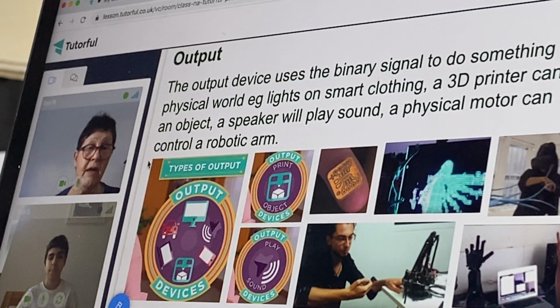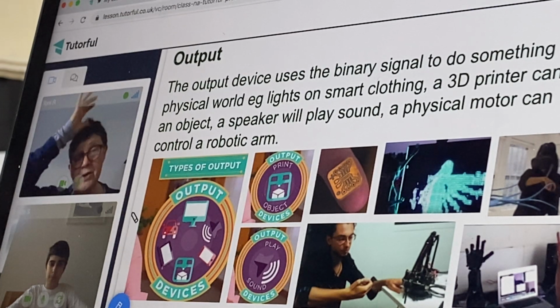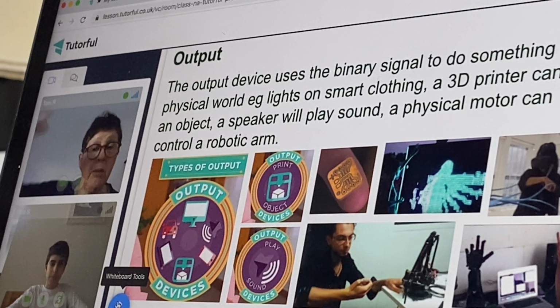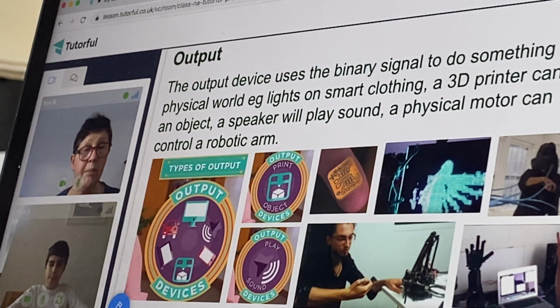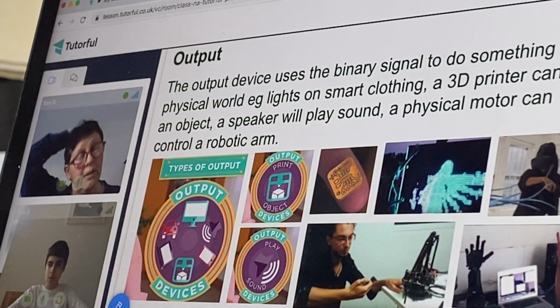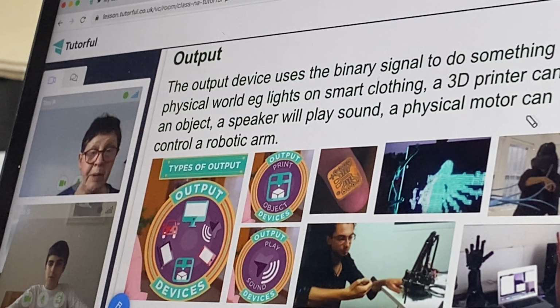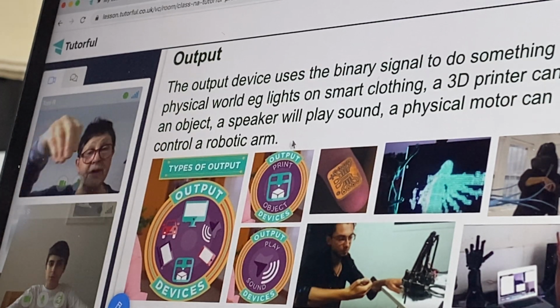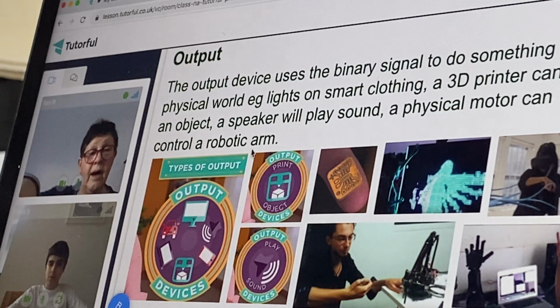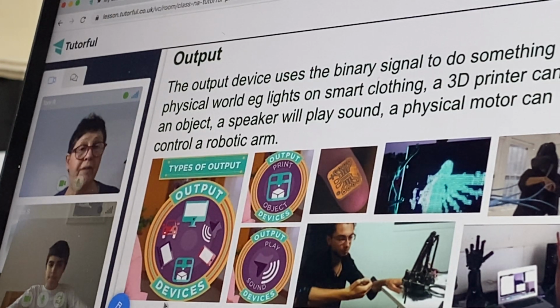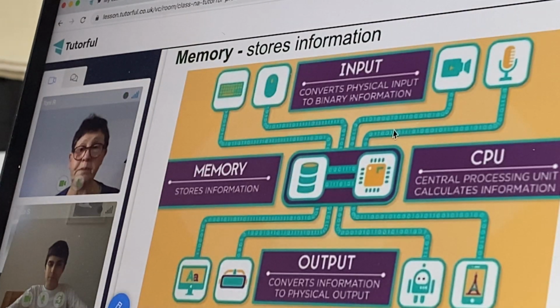There are surgeons that are actually doing operations through robotic arms. They might be miles and miles away, but they can use the computer, input the data, it can be processed, and then the output is actually using a robot arm inside a human body to perform surgery. So it can be quite complicated.